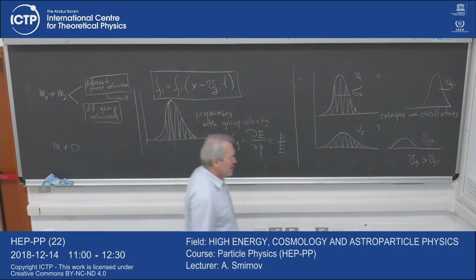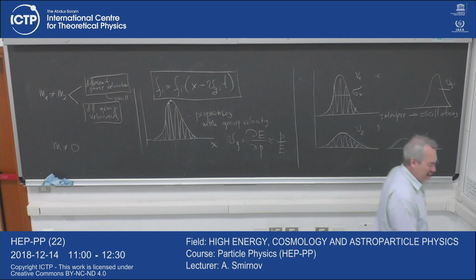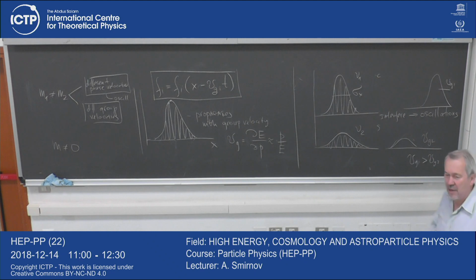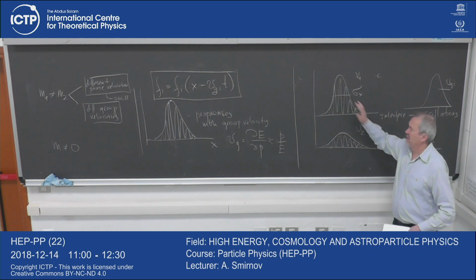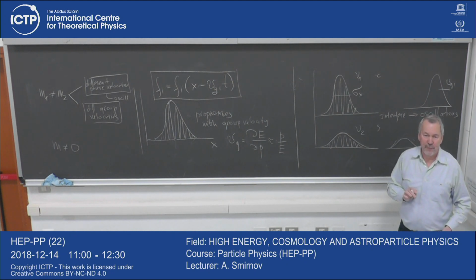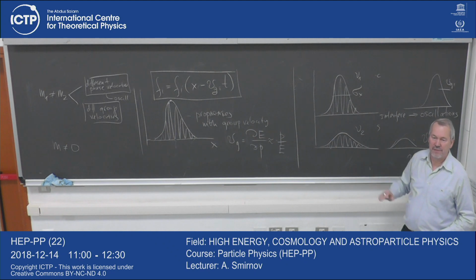I made these computations for solar neutrinos, and it turns out that the solar neutrino wave packet spreads by 4 orders of magnitude while traveling from the sun to the Earth. But in most of the cases which we'll discuss, that will not be very important. So that's also the third effect, right?